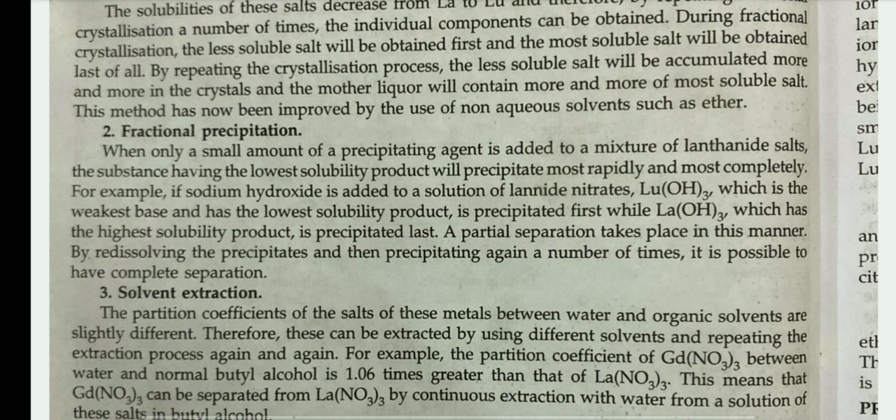For example, if sodium hydroxide is added to a solution of lanthanoid nitrates, Lu(OH)3, which is the weakest base and has the lowest solubility product, is precipitated first, while La(OH)3, which has the highest solubility product, is precipitated last. A partial separation takes place in this manner. By redissolving the precipitates and then precipitating again a number of times, it is possible to have complete separation.